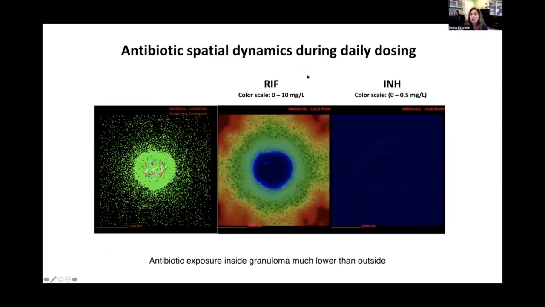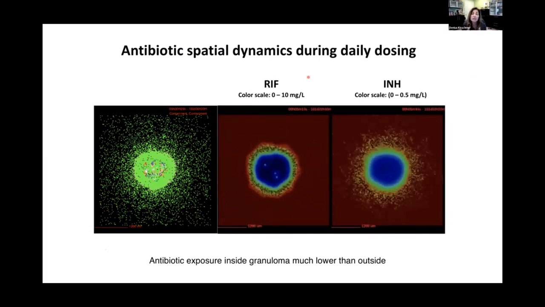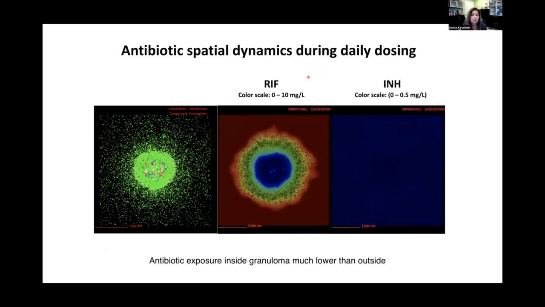And that's because we talked about the heterogeneity. So you'll see the second dose come on here in a minute. The heterogeneity of this spatial environment, similar to what a tumor would be, really impairs the drugs getting in, and certainly in this case, getting to these bacteria that could be even trapped in the center in these hypoxic areas.